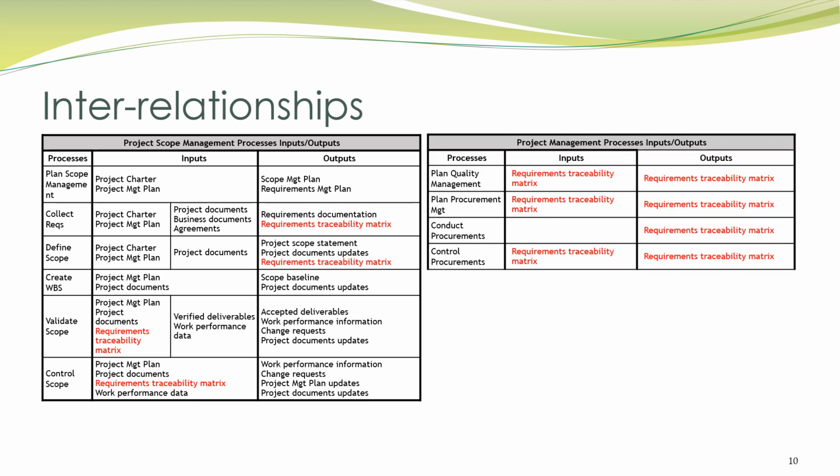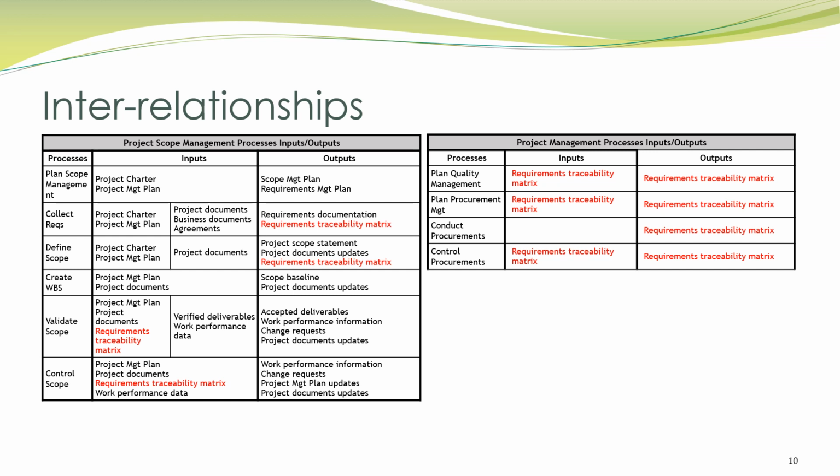Let's look at the processes where the requirements traceability matrix is an input. Do these make sense to you? Remember, one function of the matrix is to tie requirements to the deliverables. Now look at the output column in the second grid. This matrix will be updated throughout the life cycle, which is why it is an output in so many processes.